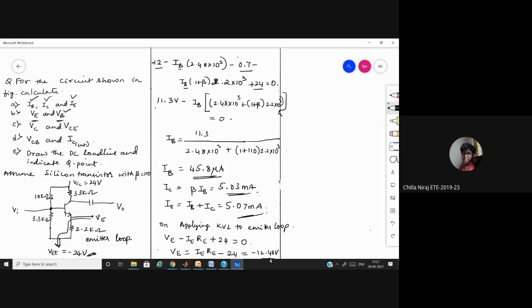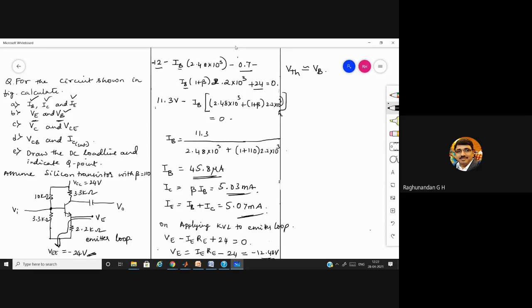We also know VE, so we can find VB. In this analysis we have used accurate analysis so that we get VTH, and VTH is approximately equal to VB.